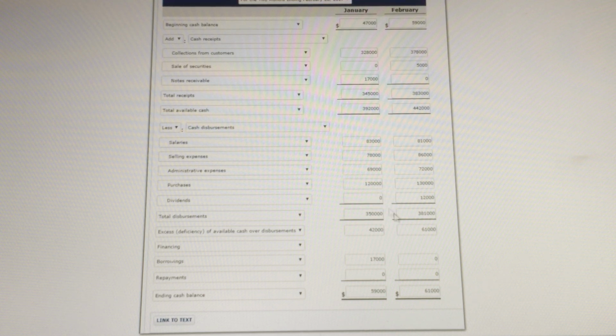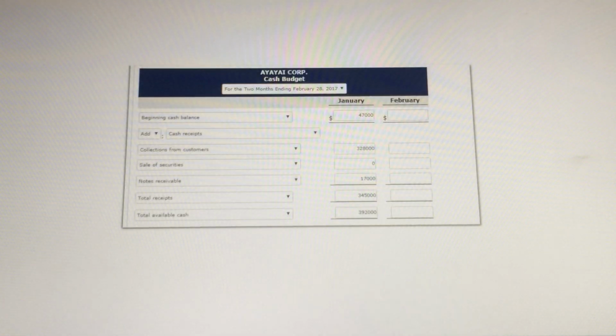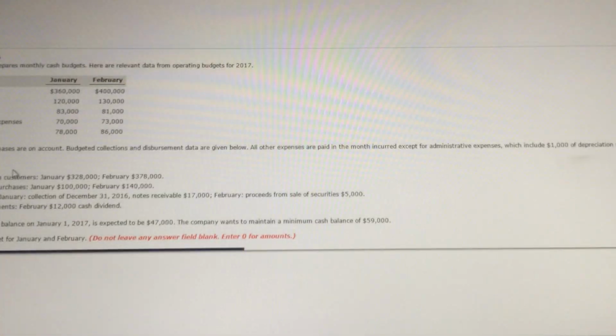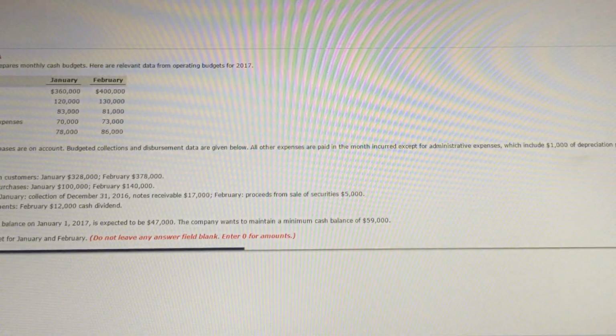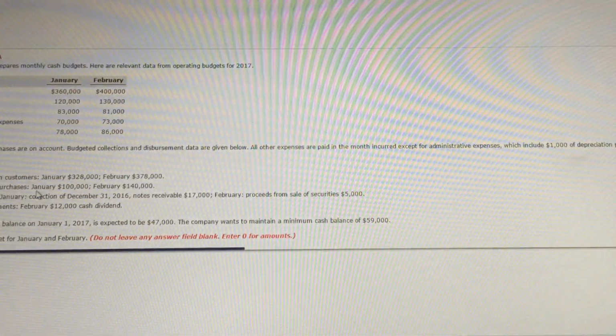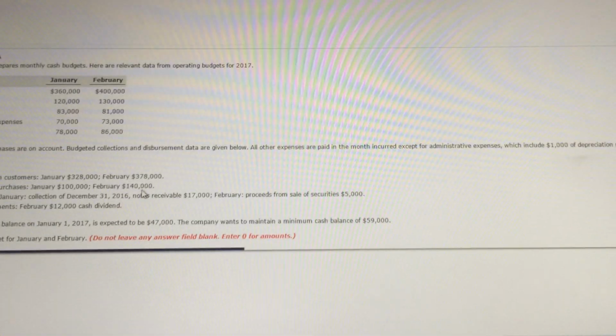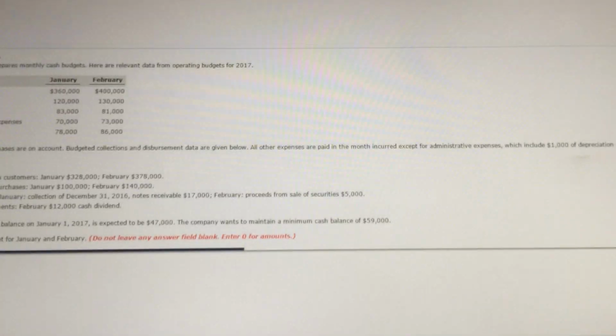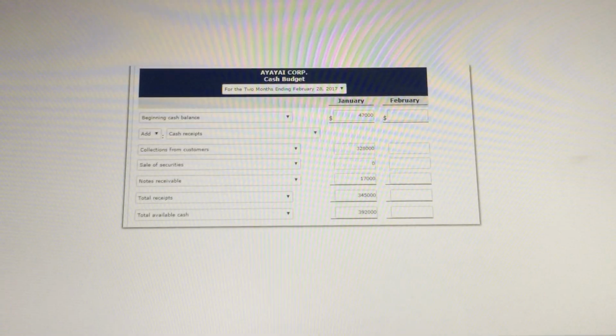If you look at your purchases, depending on what information you have over here, the payments for purchases is what you want to put in there, not this amount up here. So look for your payments and purchases and check that out, and then you would get the whole thing.